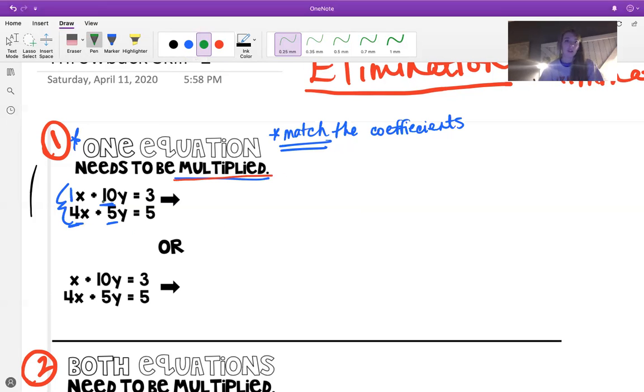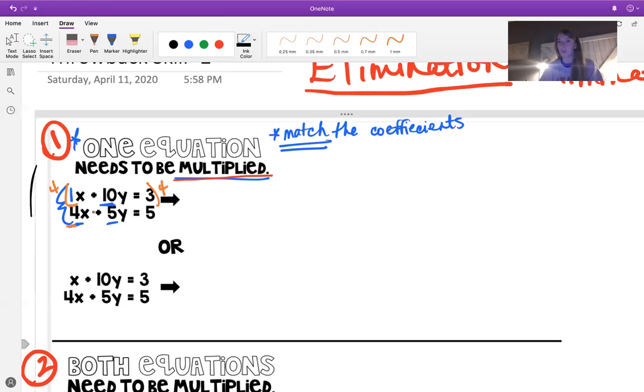Okay, so what I see right here is that since I have a 1, I could take this equation and I could multiply the entire thing, both sides of the equal sign, by 4. And I chose 4 because if I multiply 1 times 4, then both of the coefficients in front of my x will be 4.